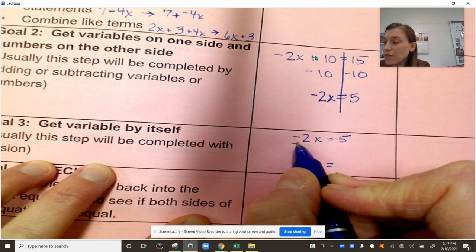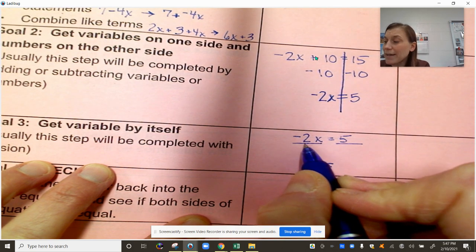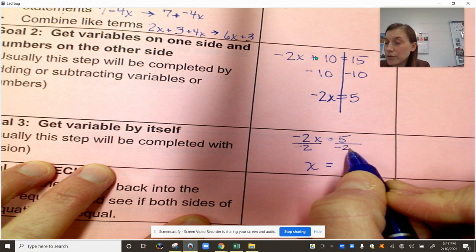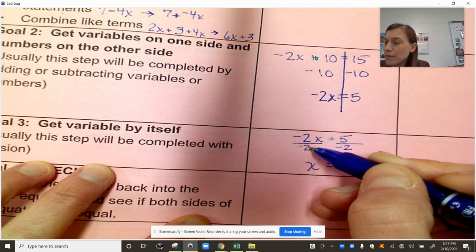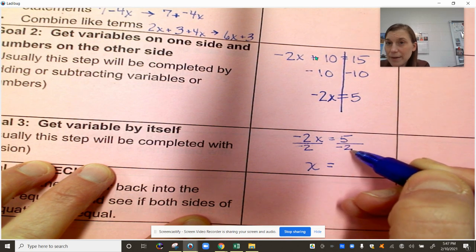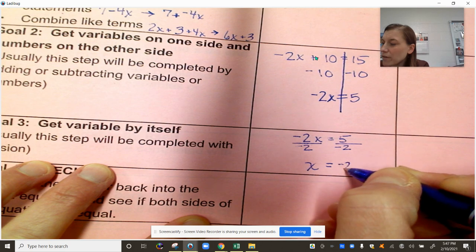To do that, I'm going to do the opposite operation with the same number. The opposite of multiply is to divide. So I divide by negative 2 and divide by negative 2. Negative 2 divided by negative 2 gives me positive 1x, and 5 divided by negative 2, when I put that in the calculator, I get negative 2.5.